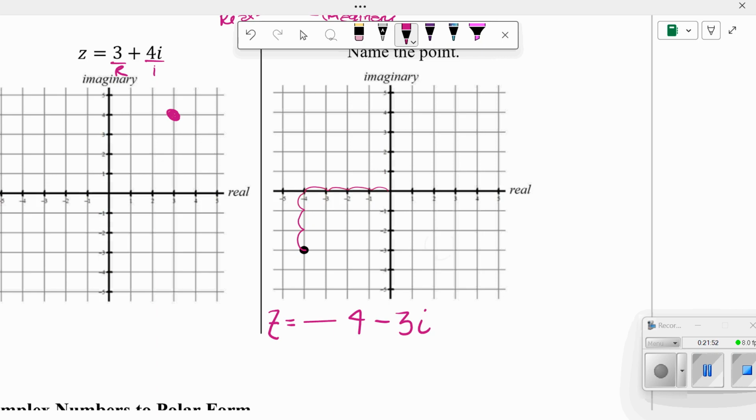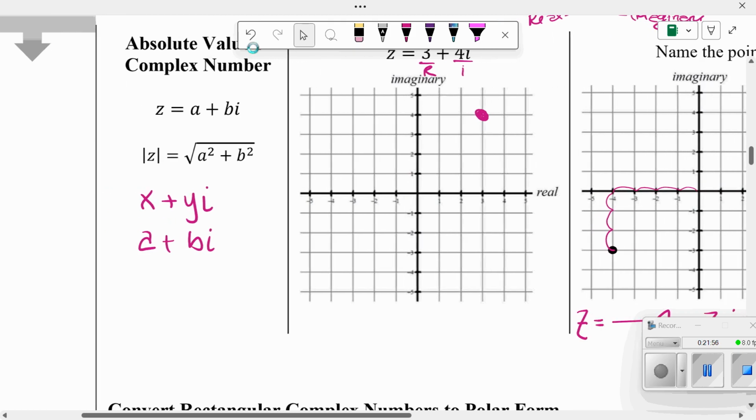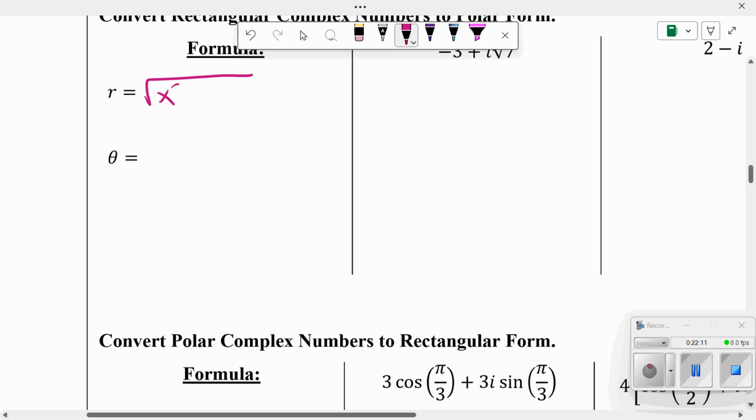Pretty easy. Now let's take imaginaries into the polar world. Luckily, converting from rectangular complex to polar is super easy because we're going to use the same formulas. For r, it is still the square root from the Pythagorean theorem, so the square root of x squared plus y squared.